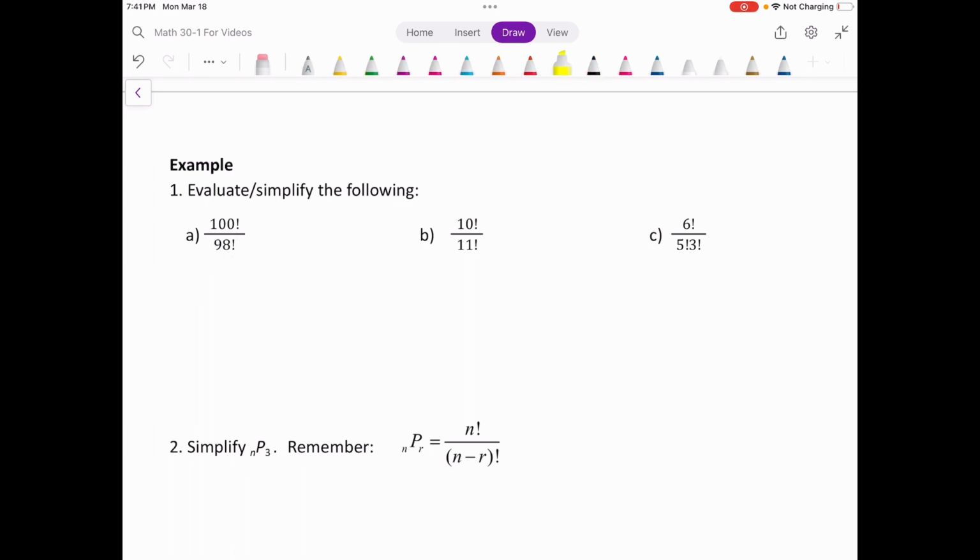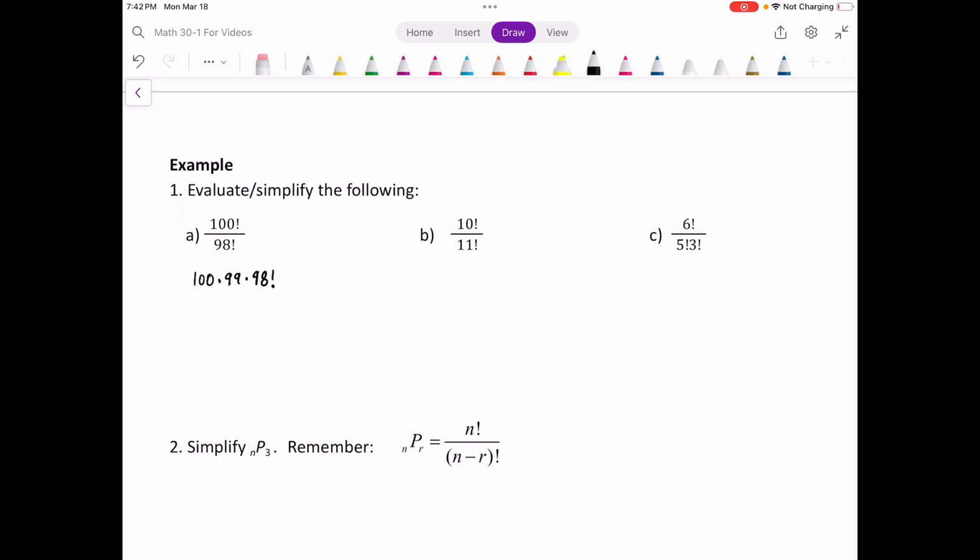So what I mean by that is 100 factorial is, well, sorry, I messed that up right off the bat. 100 factorial is not 100 times 98, it's 100 times 99 times 98 times 97 times 96 times 95, but I'm going to stop there because 98 times 97 times 96 times 95 and so on is just 98 factorial, right?